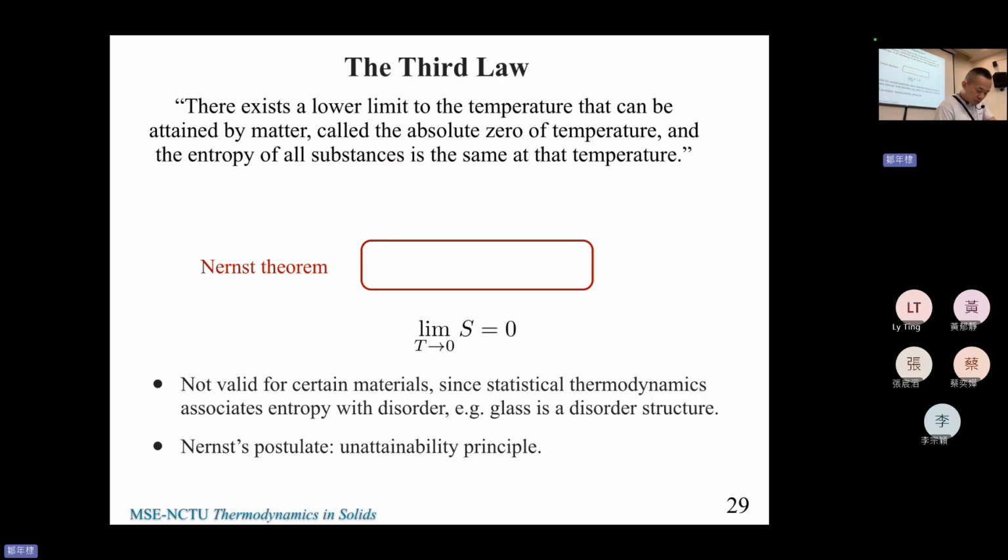Well, the definition for the entropy is that the absolute value of the entropy is the integral from 0 to T of d bar QR divided by T. Previously, we only added this, right?